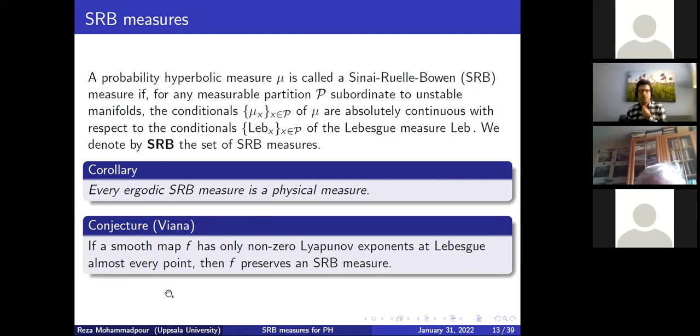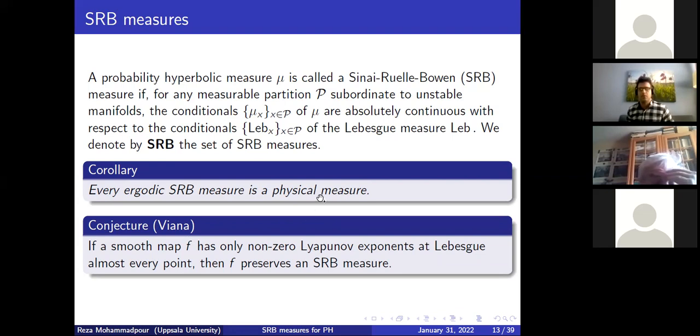This conjecture was recently proved for C infinity surface diffeomorphisms by David Burguet, some two to three months ago. For surface diffeomorphisms, meaning dimension 2, if you have a positive Lyapunov exponent on a set of positive Lebesgue measure, then there exists an SRB measure.